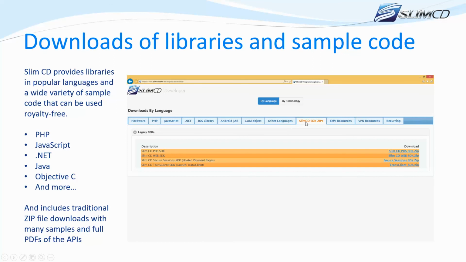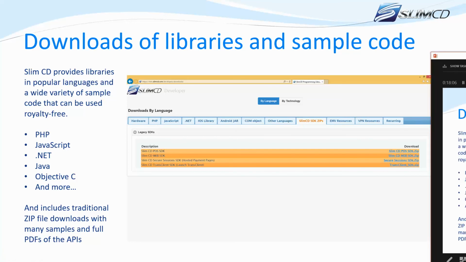Here's the download page. Under the zips, there's a secure sessions zip file, and I'm going to take a minute to show that to you because there's a lot of great information in that zip file.